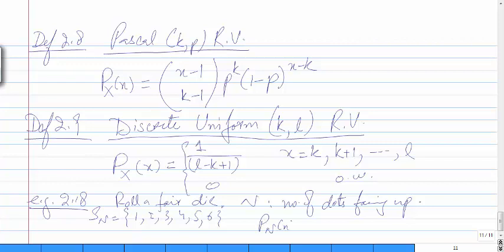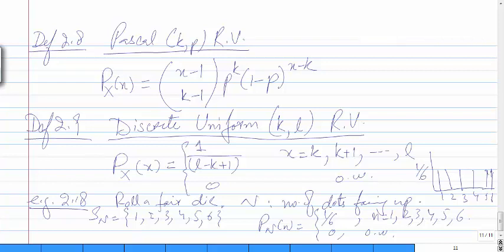It is easily written as 1 by 6, 0 otherwise, that is 1 by 6 for n equal to 1, 2, 3, 4, 5 and 6. If I plot it, they all have the same magnitude, 1, 2, 3, 4, 5 and 6, all 1 by 6.